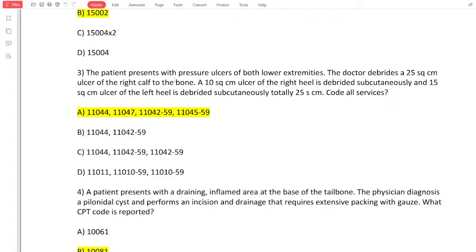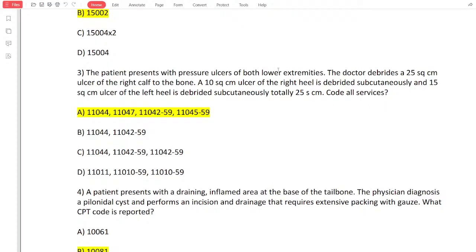Third one, patient presents with pressure ulcer of both lower extremities. The doctor debrides a 25 square centimeter ulcer of the right calf to the bone. A 10 square centimeter ulcer of the right heel is debrided subcutaneously, and a 15 square centimeter ulcer of the left heel is debrided subcutaneously. Totally 25 square centimeter. Code all services.